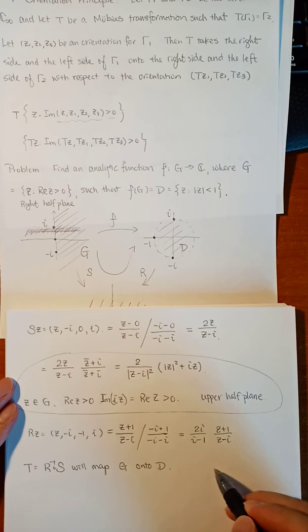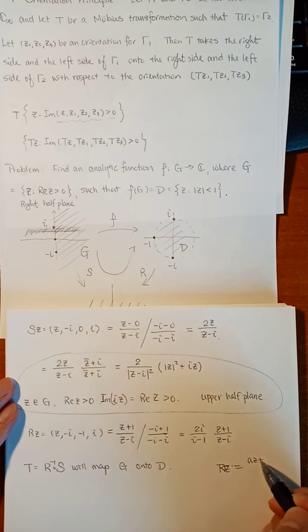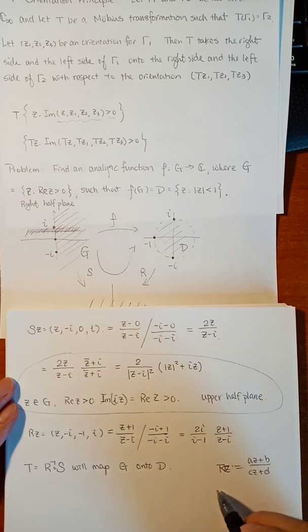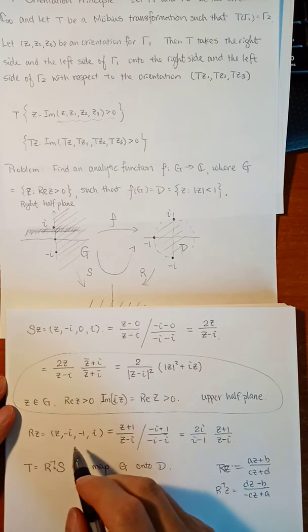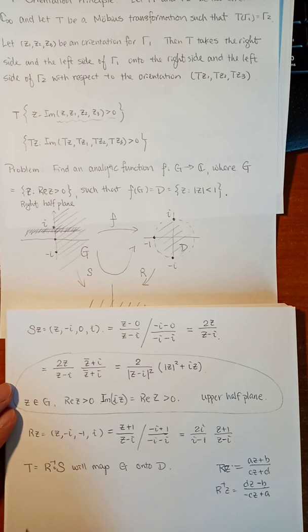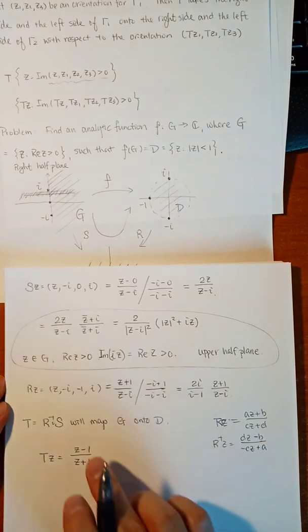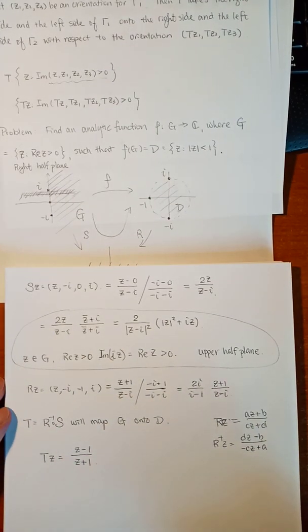You can check that if R of z is az plus b over cz plus d, then R inverse of z will be dz minus b over negative cz plus a, right? You change the sign of b and c, exchange a and d, and then you compose with S. I'm not going to do that, but after the composition, you will get T of z is equal to z minus 1 over z plus 1.